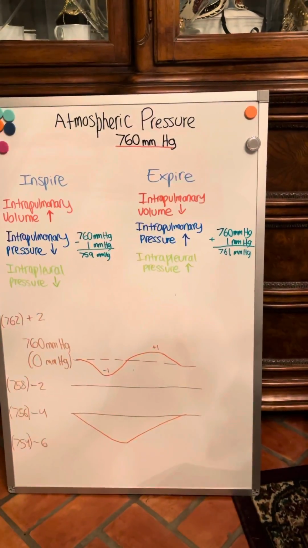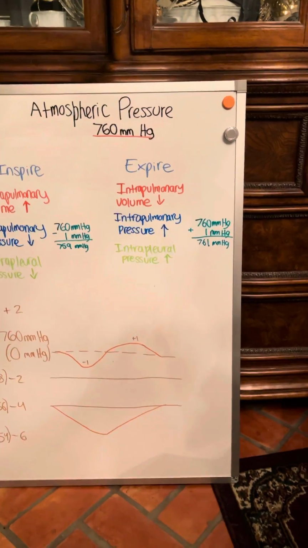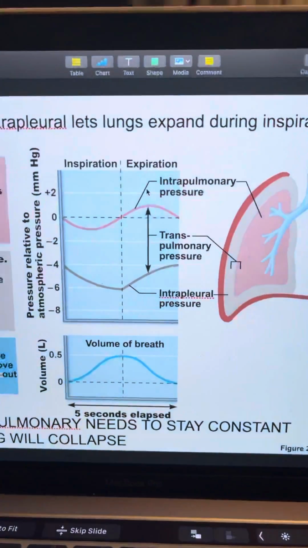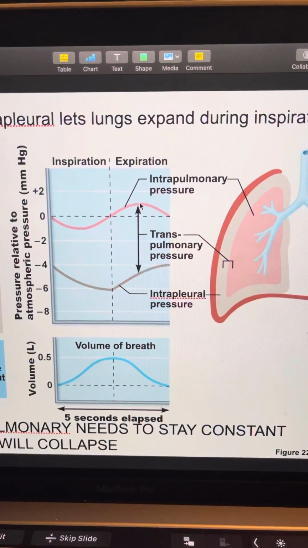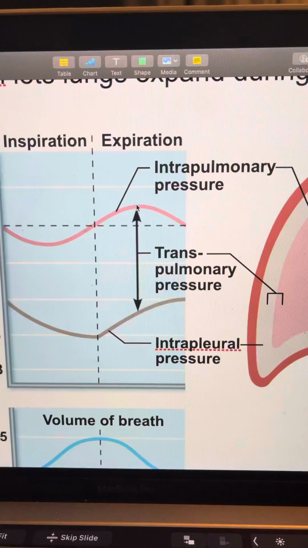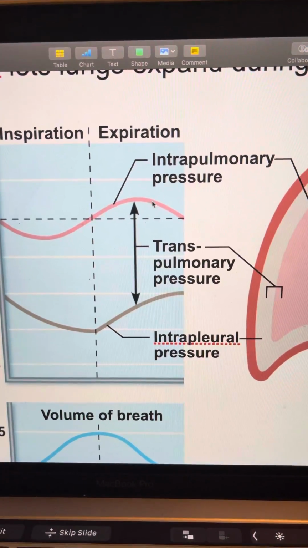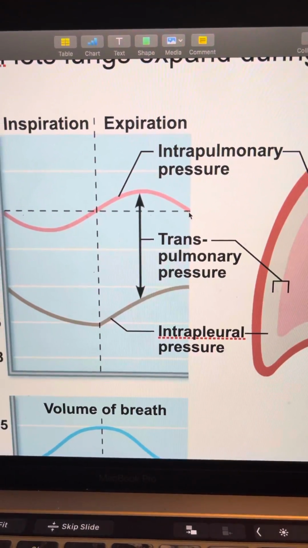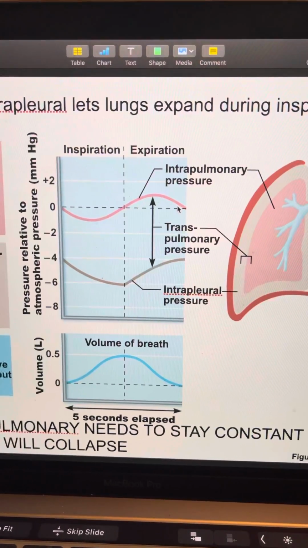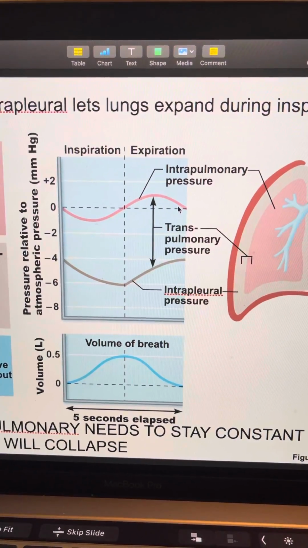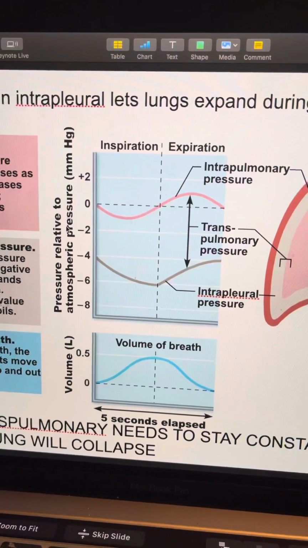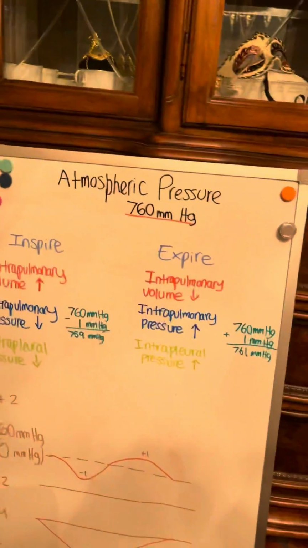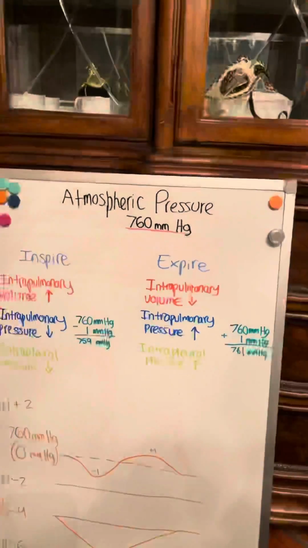Okay, so we're at 1 right here. It isn't until you have completed your expiration and you've gotten back down to 0, aka 760 millimeters of mercury, because it's relating to the atmospheric pressure, that you're going to get back to atmospheric pressure.